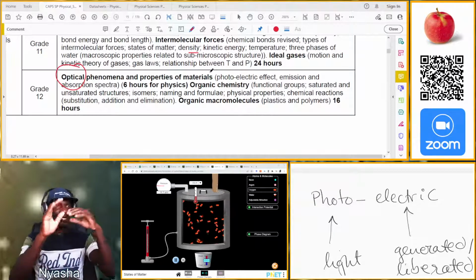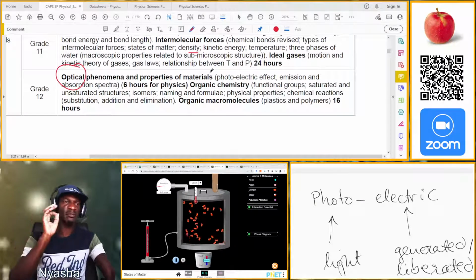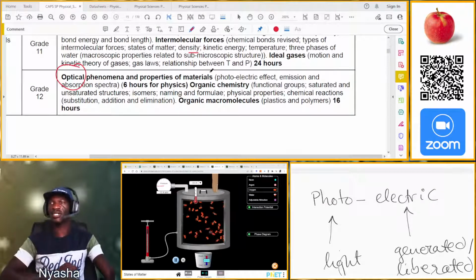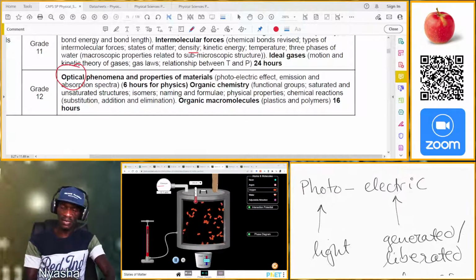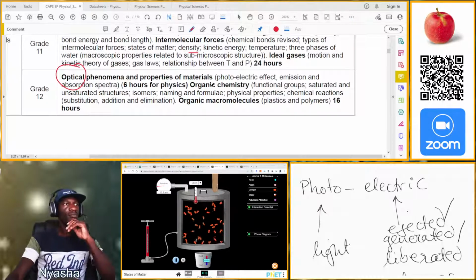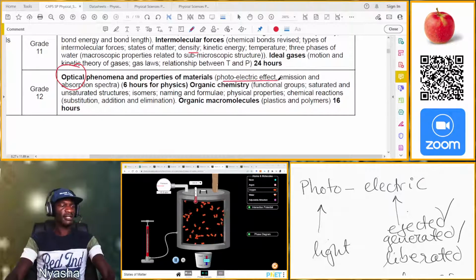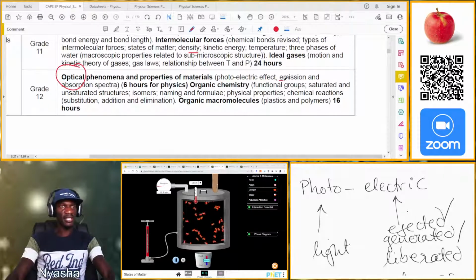There is an arrangement that makes it possible for you to actually measure the current of those charges that are ejected. The other word we can say is ejected, right? They're ejected from the surface of the material. So there we have some of the applications of this optical phenomena: the photoelectric effect, emission and absorption spectra.